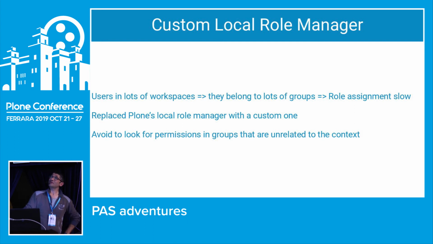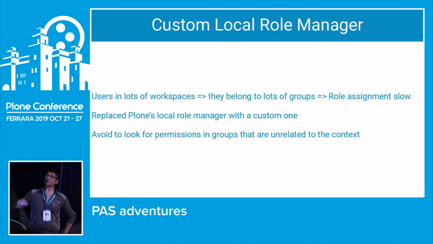But if you don't have it, first you will look for the roles that have that permission, and then you will check the permission of your groups. That's why we have collective workspaces and its mechanism. The problem was that there were a few users, as you saw, 4 or 5, that were in lots of workspaces.